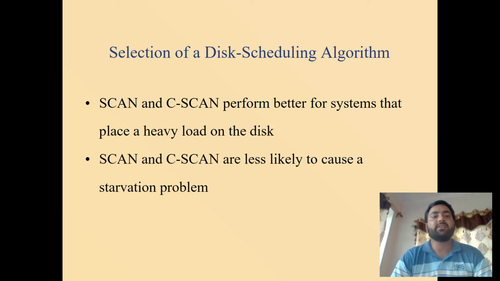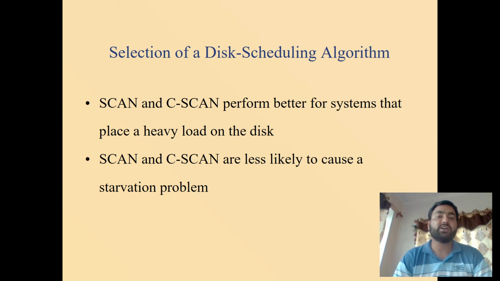Also, SCAN and C-SCAN perform better for systems that place a heavy load on the disk. If the load is heavy on the disk, then we should go for SCAN and C-SCAN algorithms, because these algorithms cause very little chance of the starvation problem.